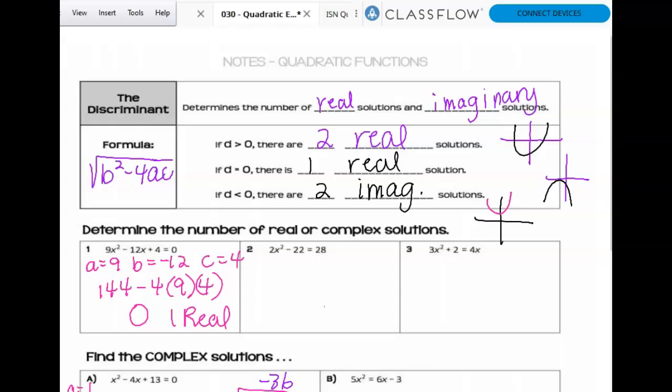So I'm going to do the same thing here, except is this in standard form yet? No. So in standard form, it's 2x squared minus, is there no x? So it's minus 22 minus 28. Does that give us 50, right?